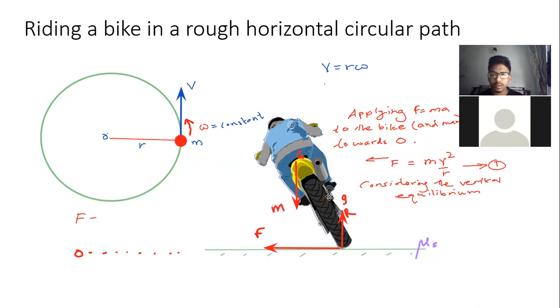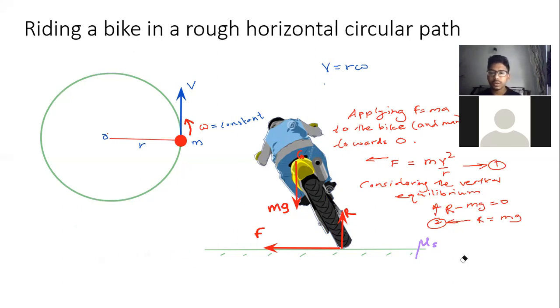So we have R minus mg equals 0, or R equals mg. I take this as my equation number 2. Okay, and I'm going to use this area, so I erase these parts.